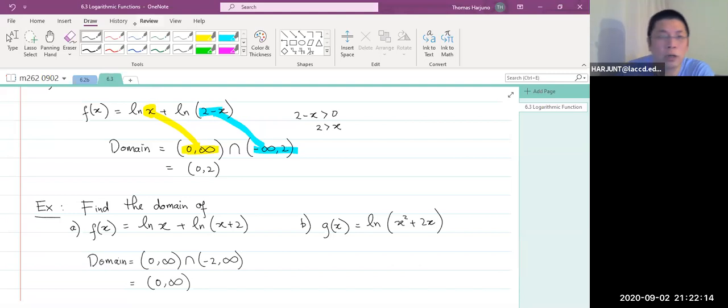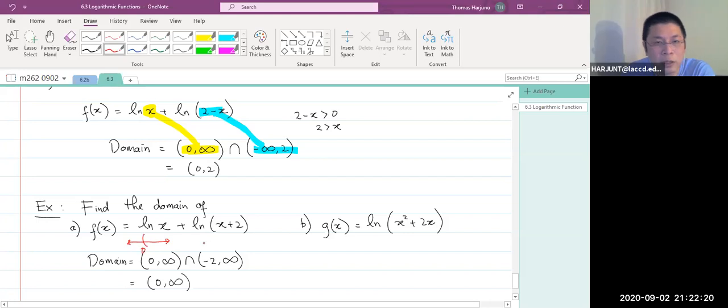Pictorially, this one has to be greater than 0, and the one here has to be greater than -2. Greater than 0 and greater than -2, the intersection is therefore greater than 0.